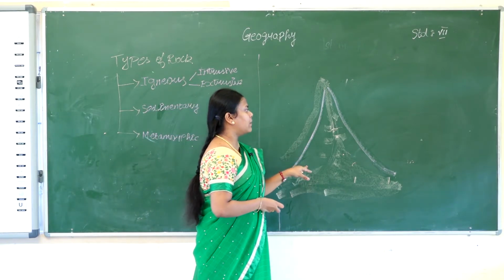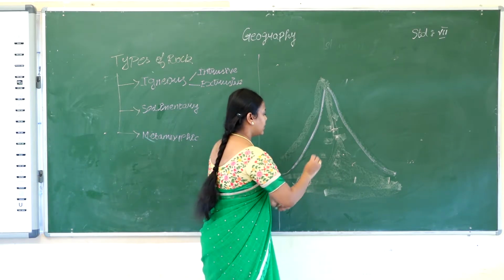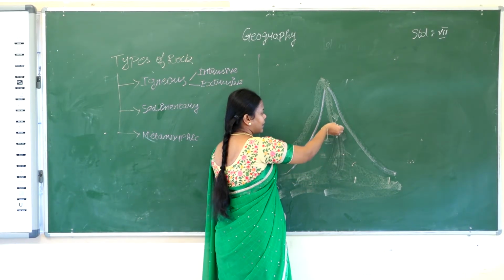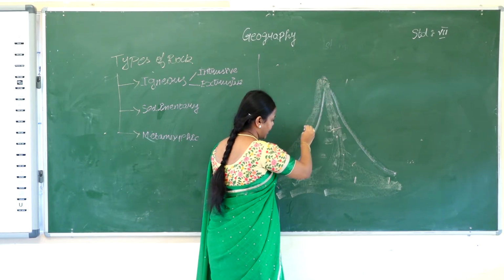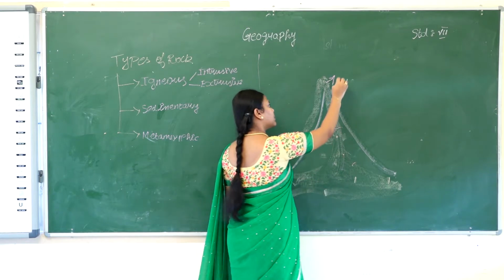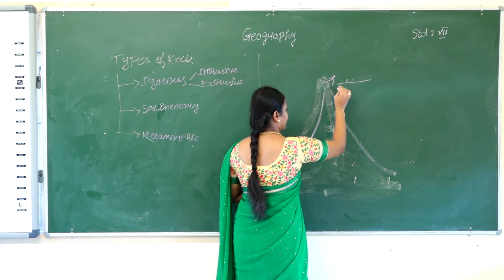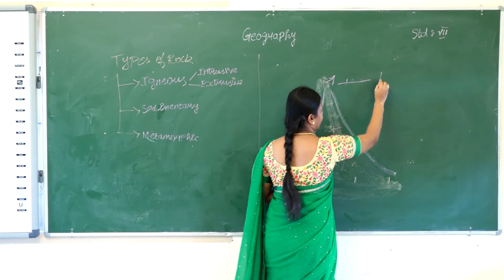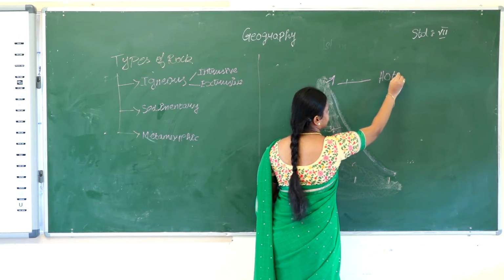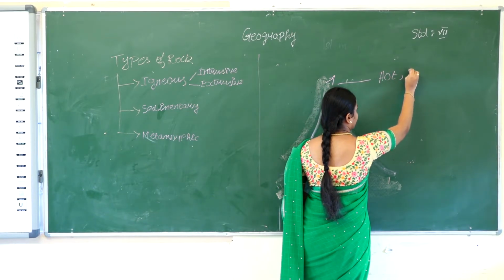For a better example, consider this. It is a volcano. It has been flowing out. It is known as what? It will be hot and in liquid form.